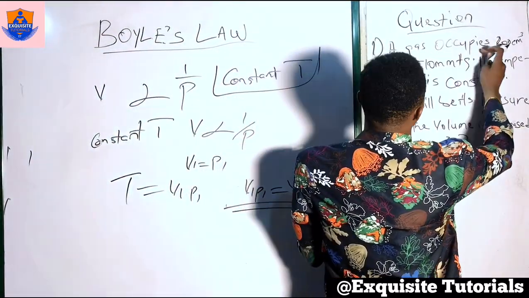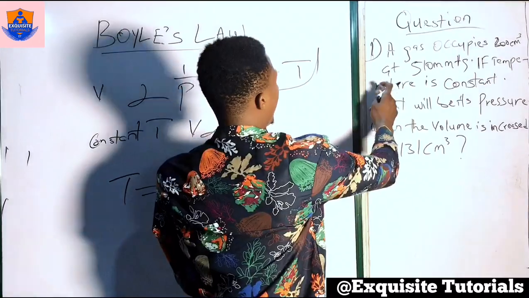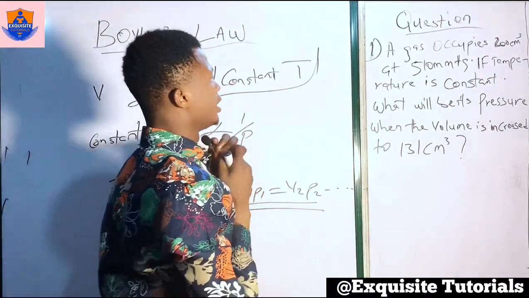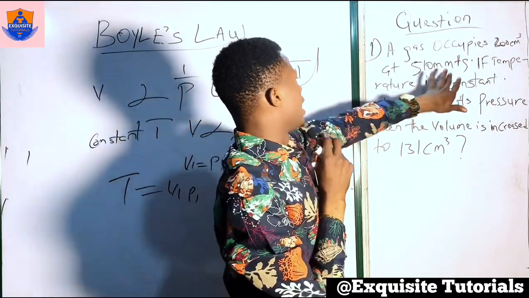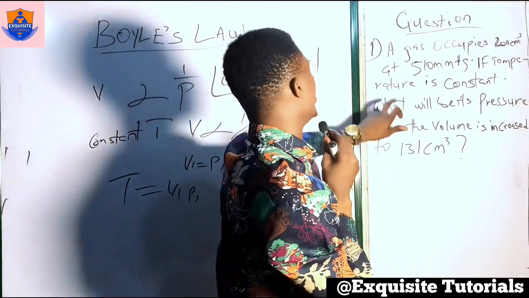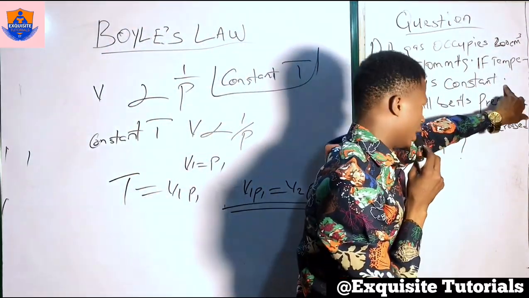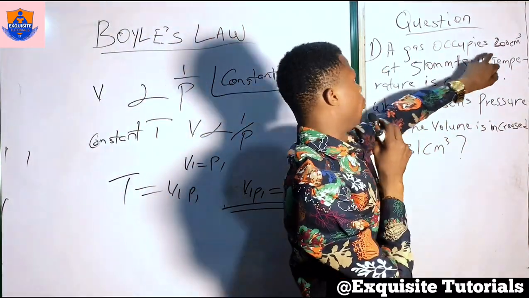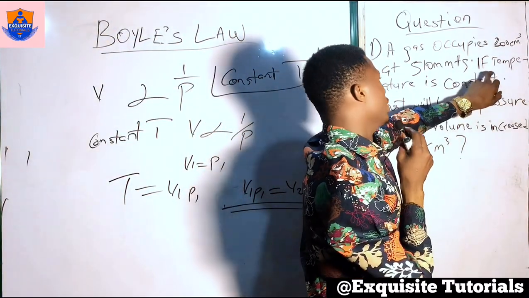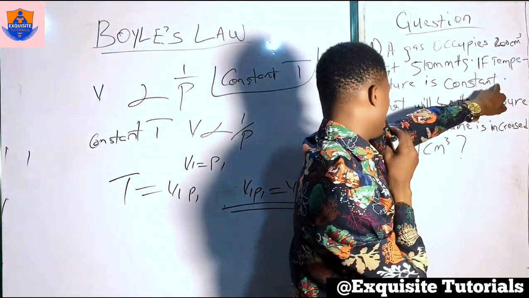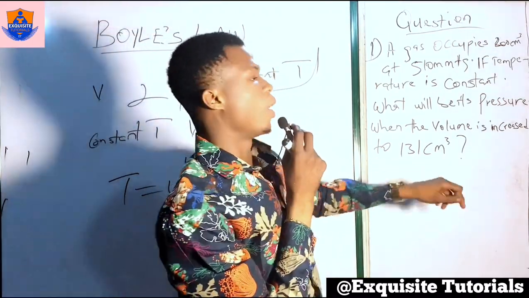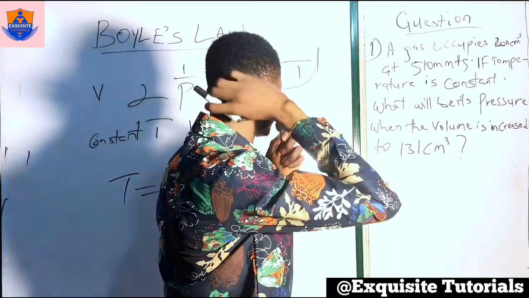A gas occupies 200 cm cube at 510 millimeter mercury. If temperature is constant, what will be its pressure when the volume is increased to 131 cm cube?